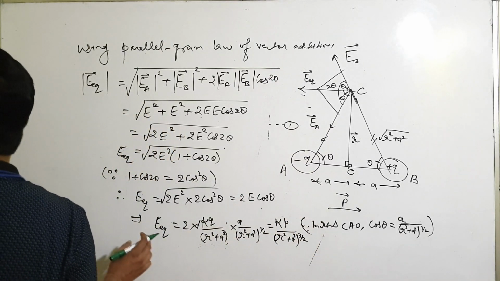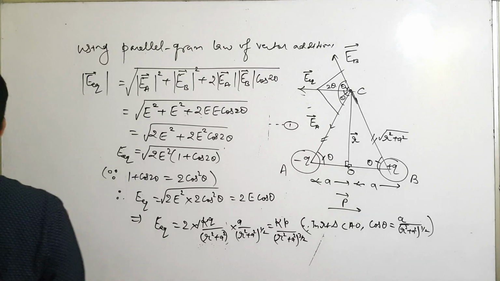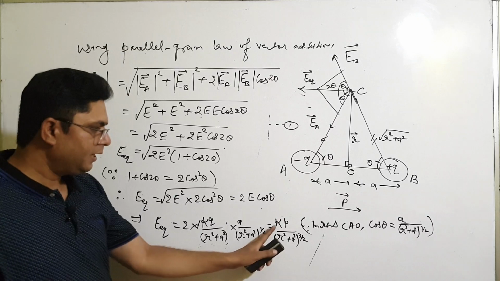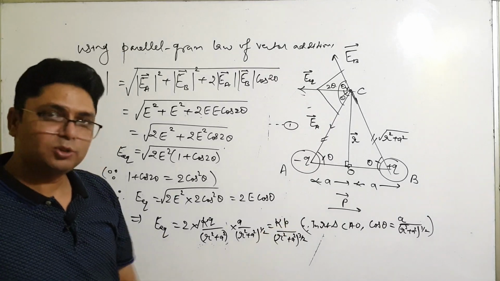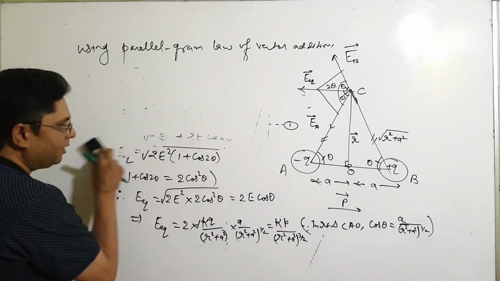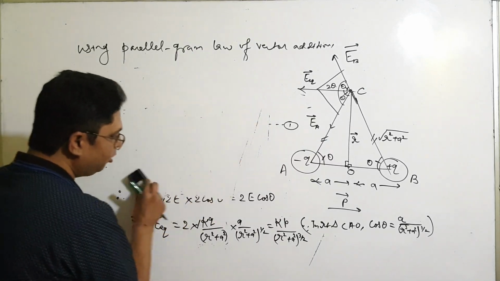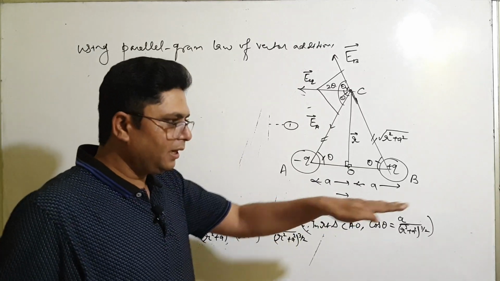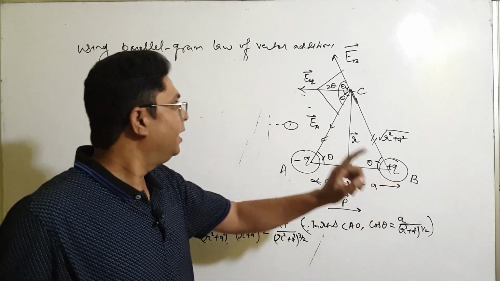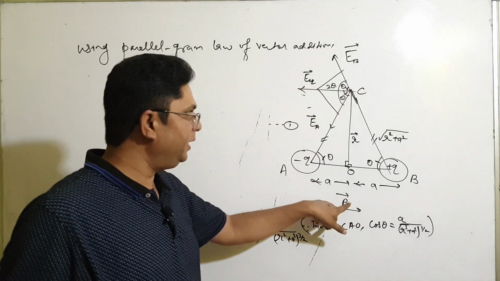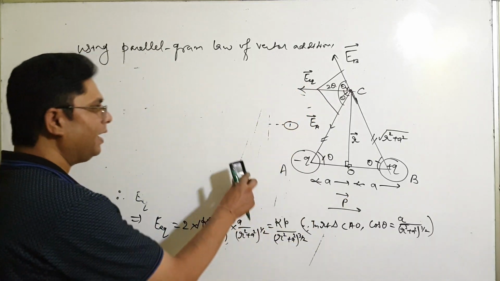Now you have the magnitude of E equatorial, which you have written here: Kp divided by R square plus A square power 3 by 2. If you want to write in vector form, then you have to see on the board that P is in the x-axis direction and E equatorial in the negative x-axis direction, that is, P and E equatorial are anti-parallel.